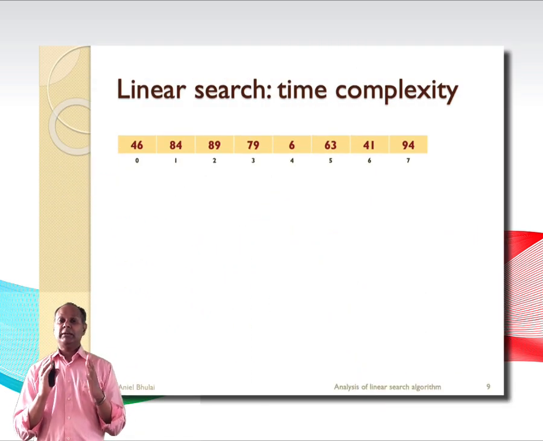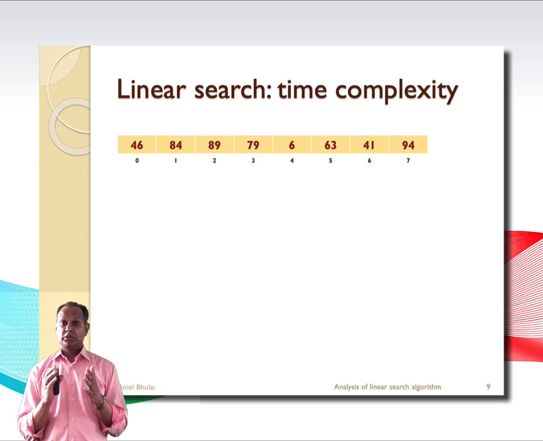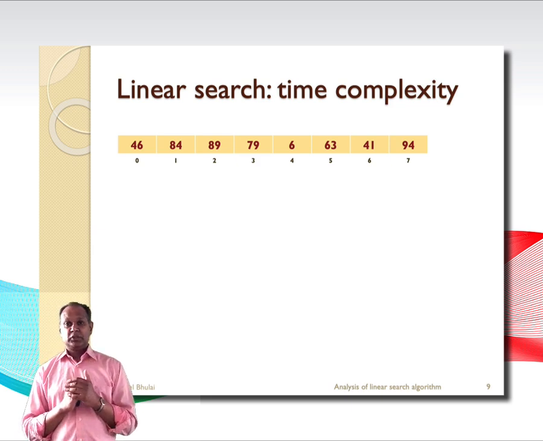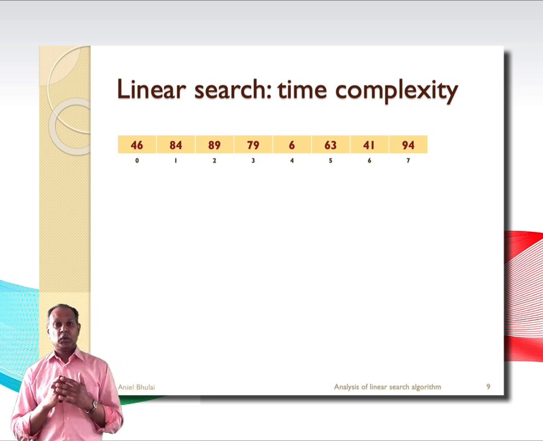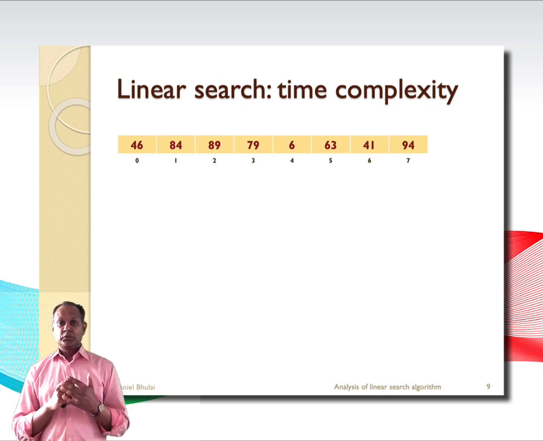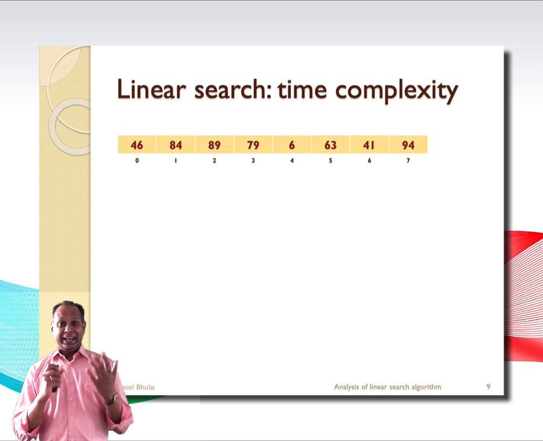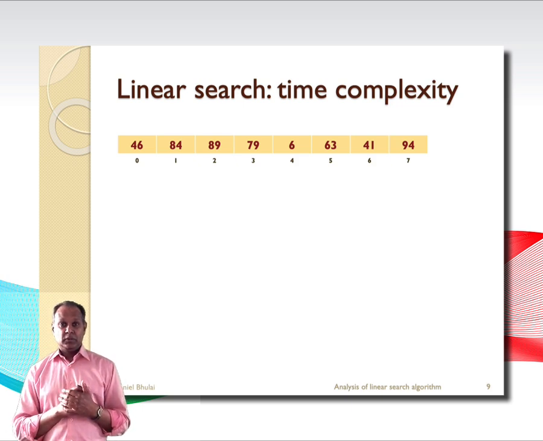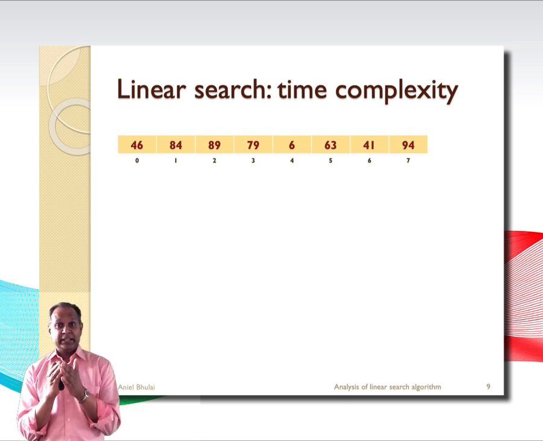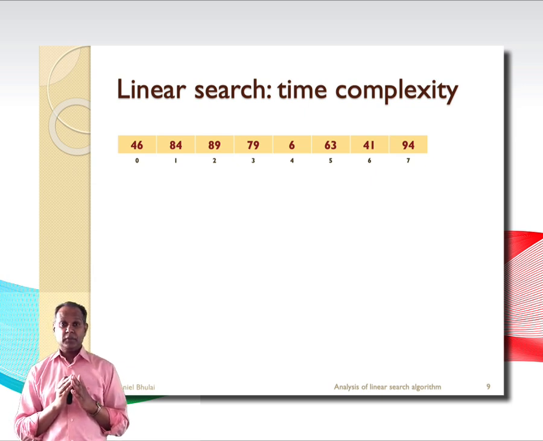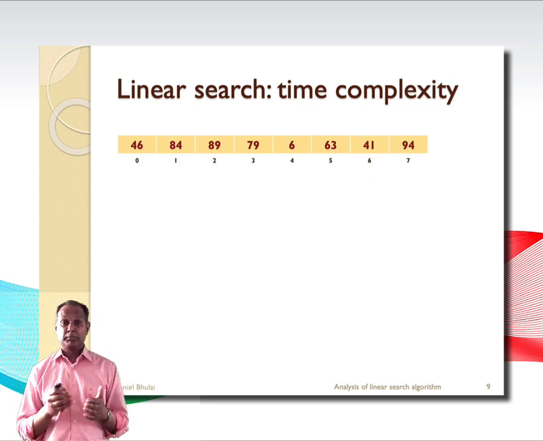If we look at the time complexity of linear search, we see that for the best case, the algorithm needs only one comparison to search the key element in a list with n elements. The best case occurs when the key element is at the first position of the list. Suppose we would search for 46, then the algorithm would just need one comparison.